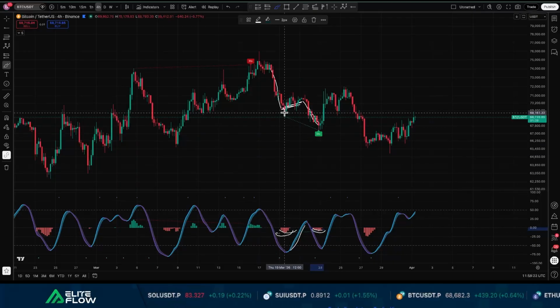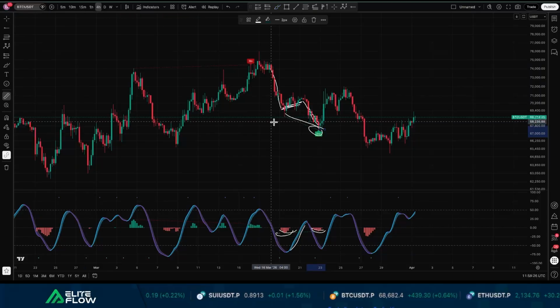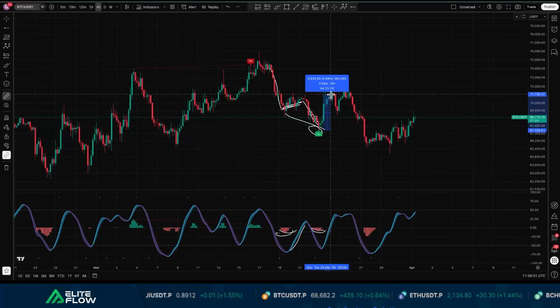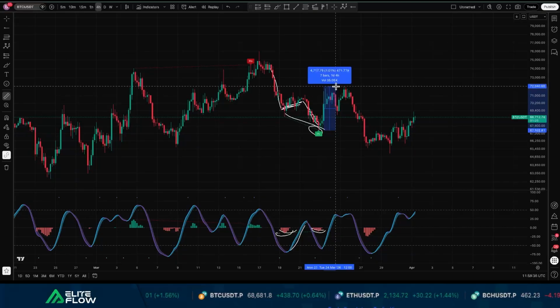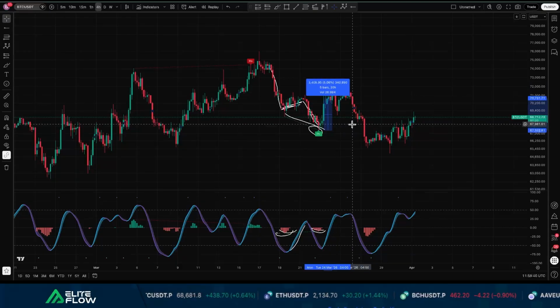So it spotted this divergence there, and you can see how it actually worked out. It told you literally on the peak, and it's actually gone up. Let's not assume that you got it on the very big peak and got 7%. Even if you just got 4 or 5%, that is not bad.